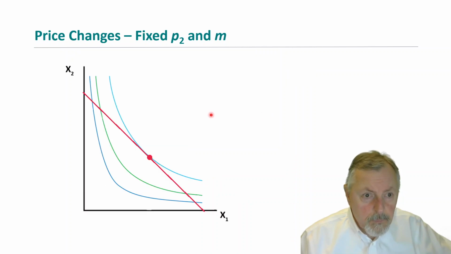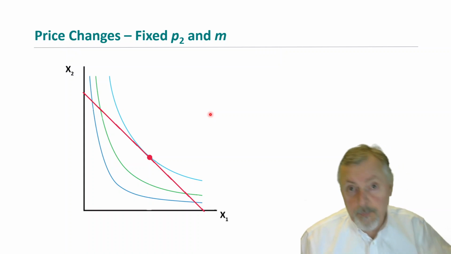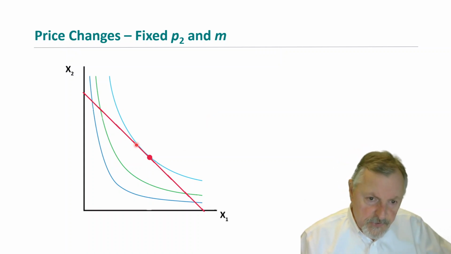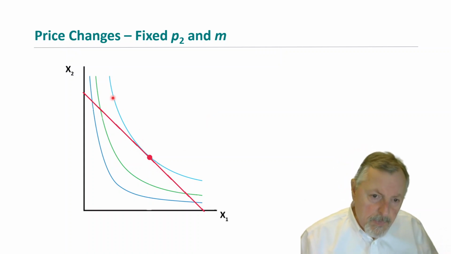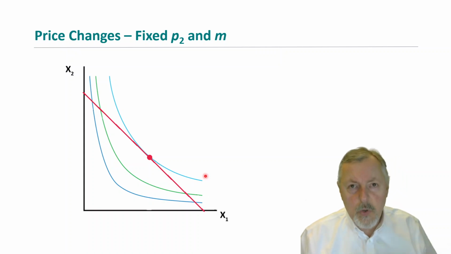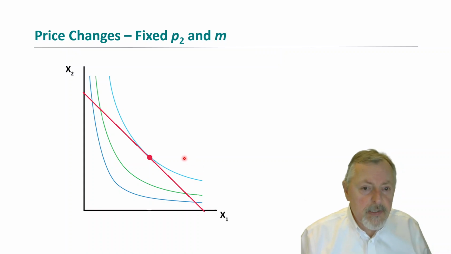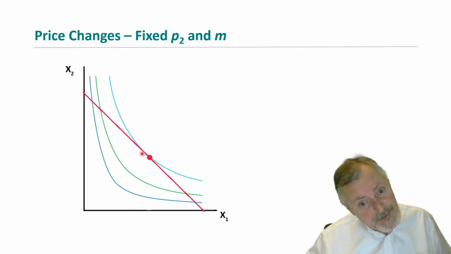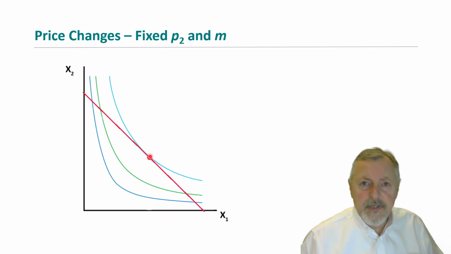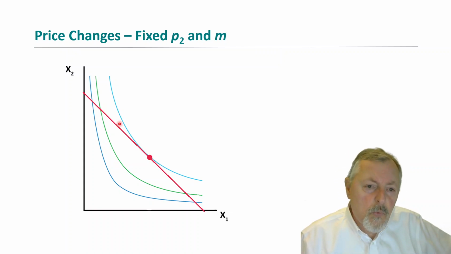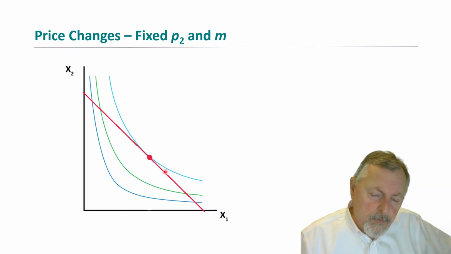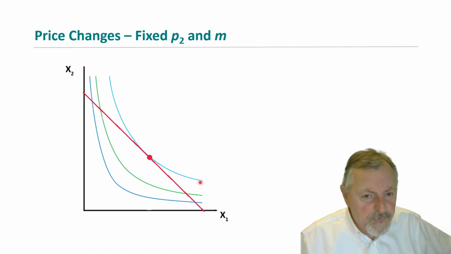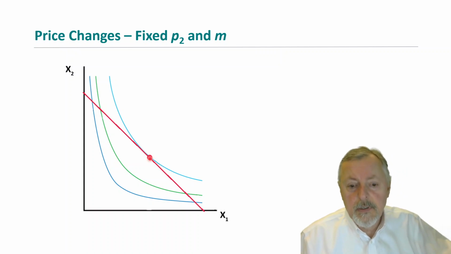Now, at the initial price, this is the budget constraint, and I've added indifference curves, nice, well-behaved indifference curves. This is the consumption bundle that this person would choose because it gets them to the highest possible indifference curve.